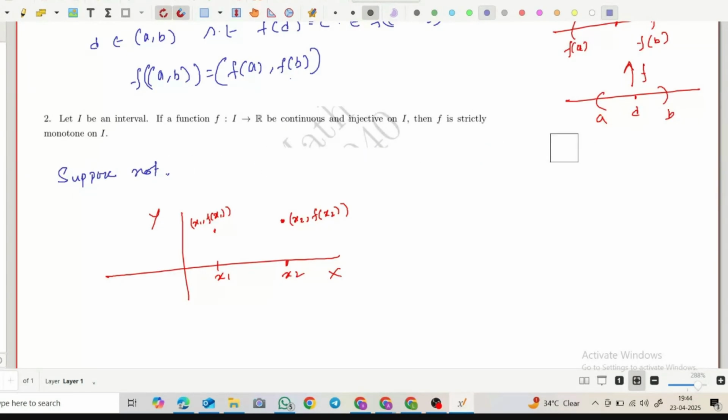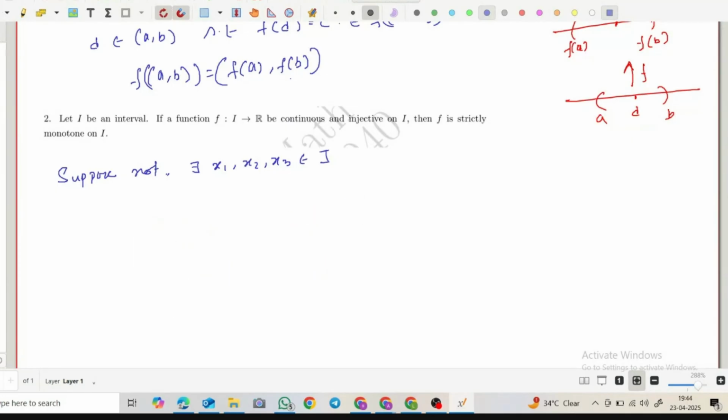Just a minute. Suppose not, then there exist x1, x2, x3 belonging to I. Sorry, I did a step jump. Let's break it even further, such that x1 < x2 < x3, but f(x1) < f(x2). I mean, this should be the case, right? If it is not monotone, then there should be something like this.